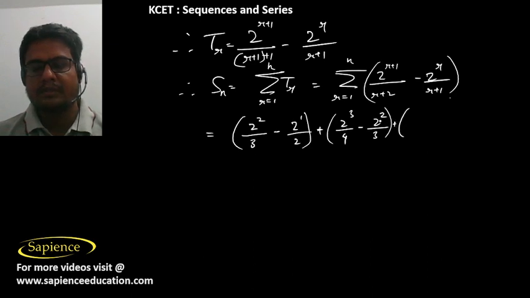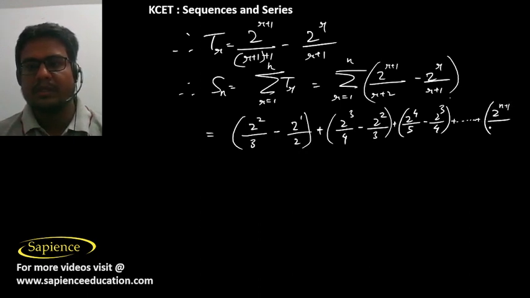If I put r equal to 3, that will be 2 power 4 by 5 minus 2 power 3 by 4, and at the end I will get 2 power n plus 1 by n plus 2 minus 2 power n by n plus 1.